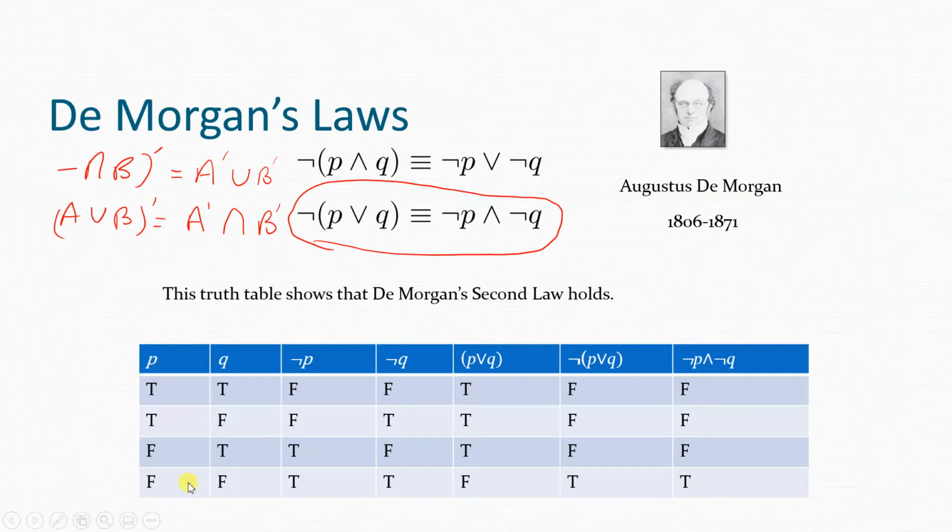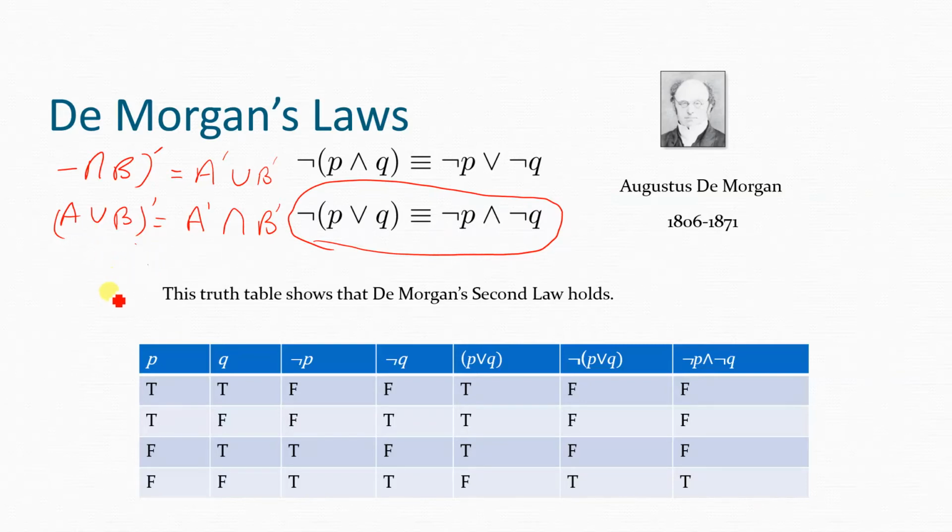Column 1 shows the truth values of P, column 2 shows the truth values of Q, and column 3 shows the truth values of negation P, that is opposite to P, and column 4 shows the truth values of negation Q, and column 5 is dedicated to P or Q. So we have the truth values of P or Q as shown in column 5, and in column 6 the truth values of negation of P or Q are shown.